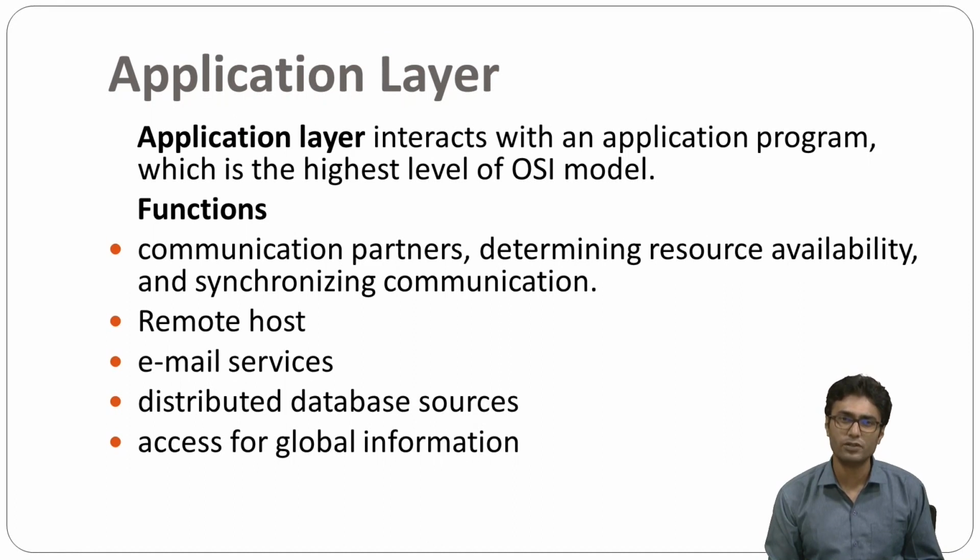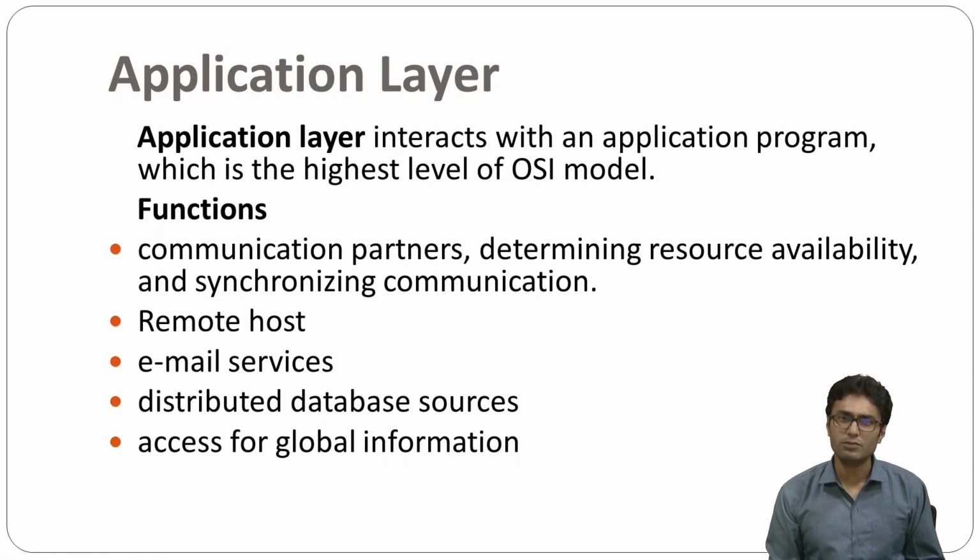Now examples of the application layer are applications such as file transfer, email, remote login, etc. So there are various functions of application layers. Application layer helps you to identify communication partners, determine resource availability, and synchronize communication.